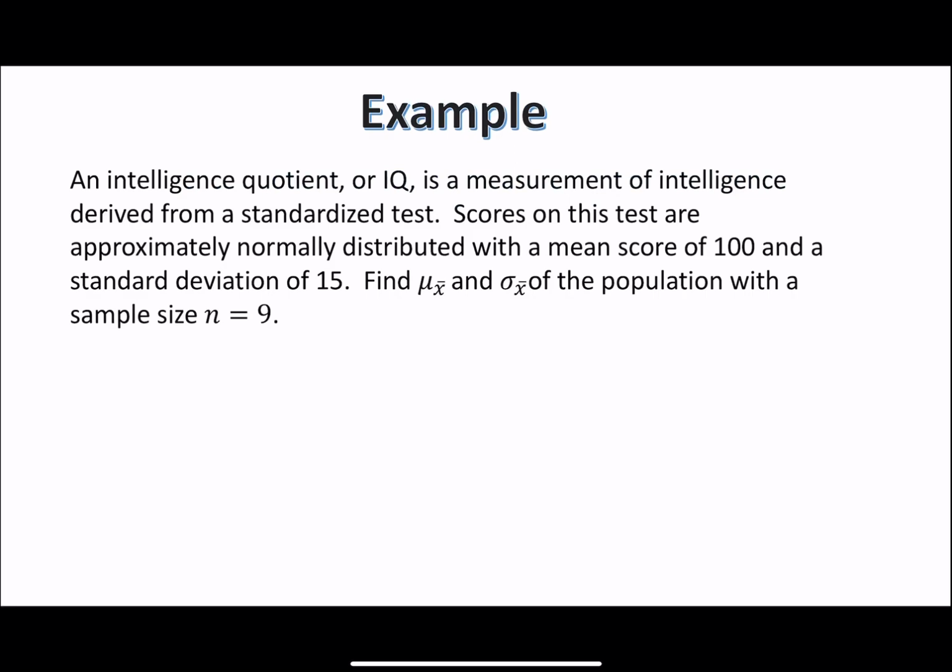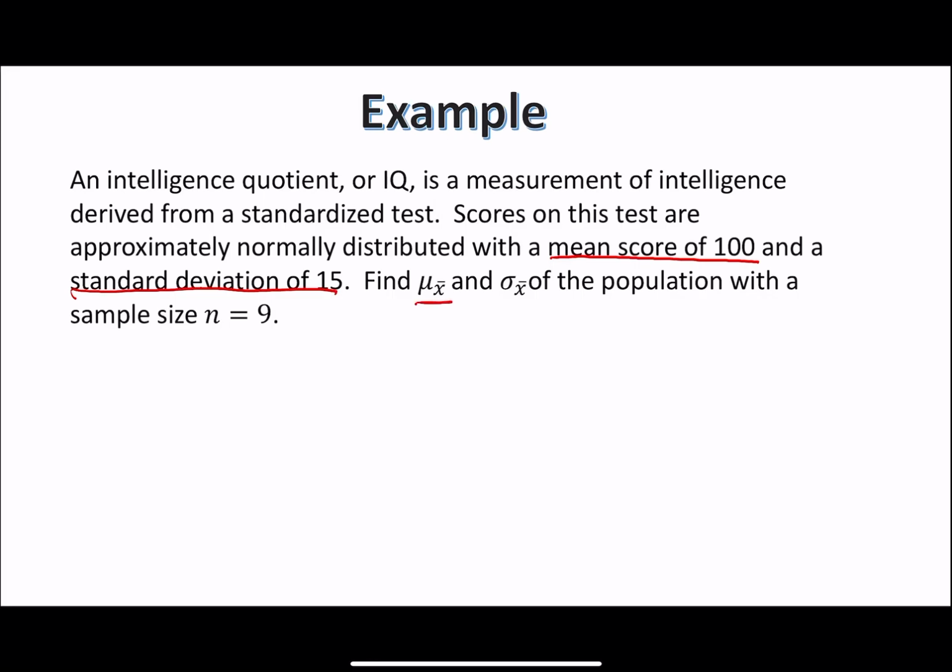So here's another example. An intelligence quotient, or IQ, is a measurement of intelligence derived from a standardized test. Scores on this test are approximately normally distributed with a mean score of 100 and a standard deviation of 15. So our population mean is 100, standard deviation is 15.